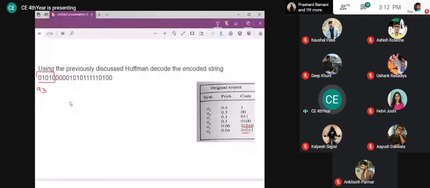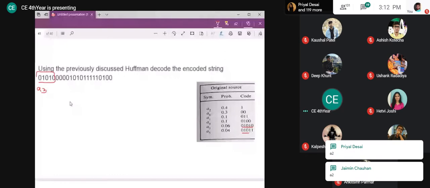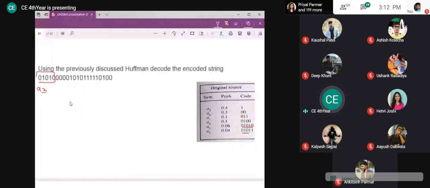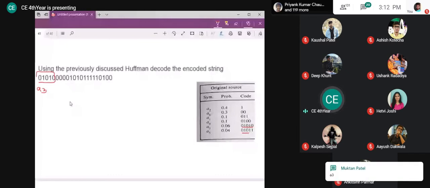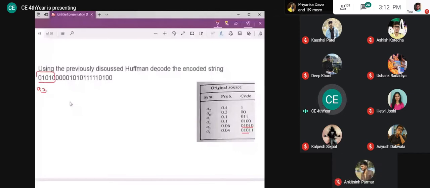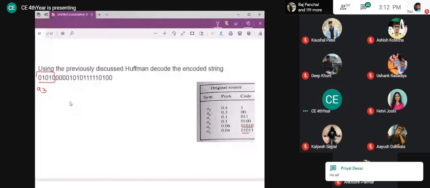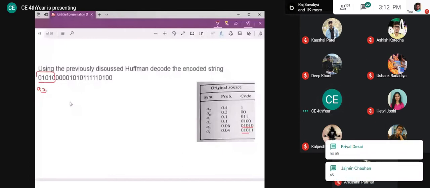so we have A3, A6, A6, and then A2. Yes, it should be A2, because it is 1, so it is A2. True. Then A3. Okay, is it A3 or A5? 0 1, A5, no? A5.